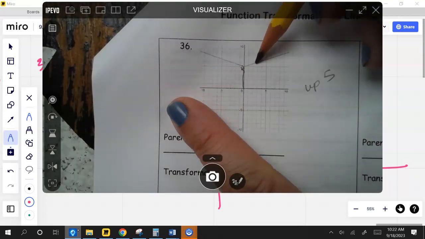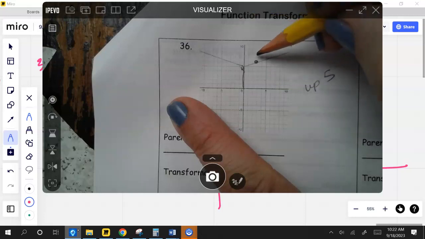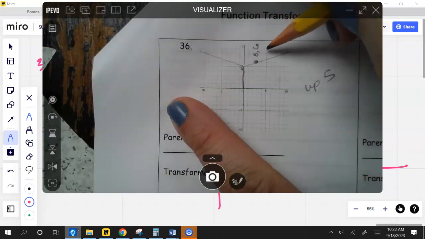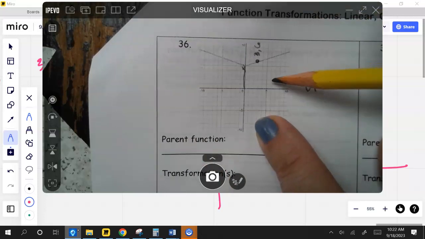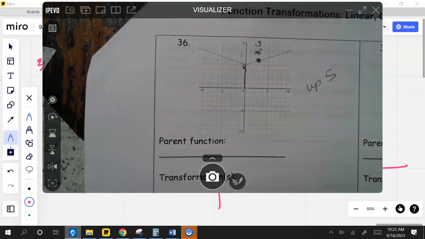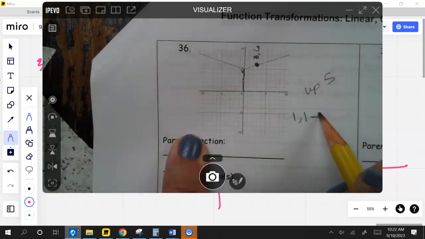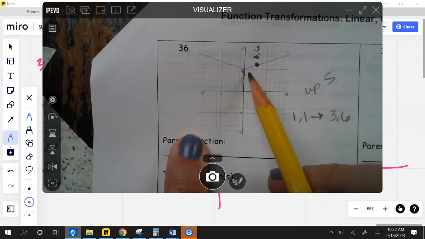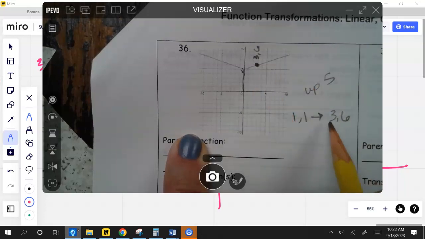Kind of hard. I'm thinking here. I agree. This looks like the closest one. So I might describe this as both, and I'm gonna tell you why. If I take the point 1, 1, and I make it become 3, 6, because that's the first time it crosses over evenly, then I've multiplied this by 3, right?